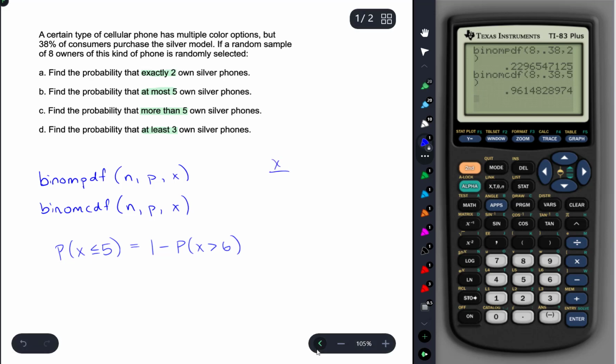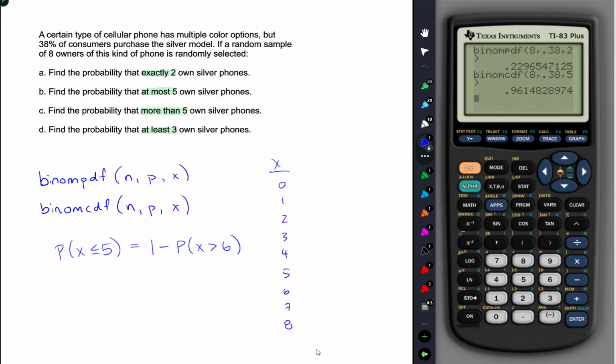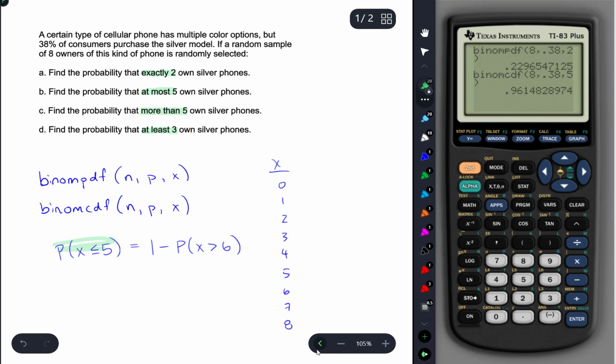We have the different values of x that can happen. All right, and x is going to range from 0 up to whatever n is. Now, wherever x is less than or equal to 5, that's this group of values right here.